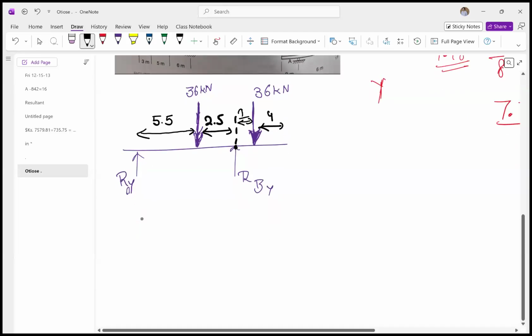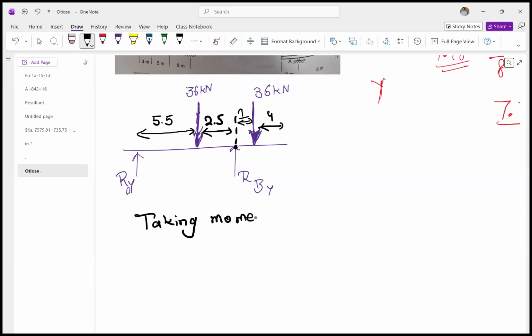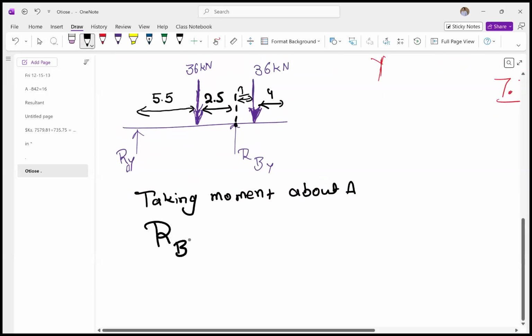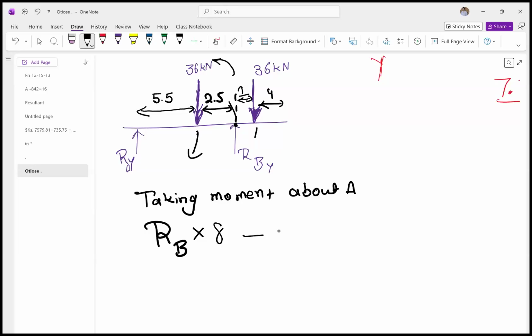So taking moment about A, that will be RB times, this is going to move it in counterclockwise direction, RB times 8 minus, this one is rotating in clockwise direction, minus 5.5 times 36, and then the other is also minus 36 times 9 equal to 0.